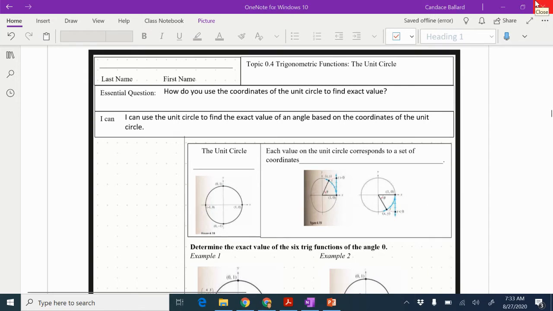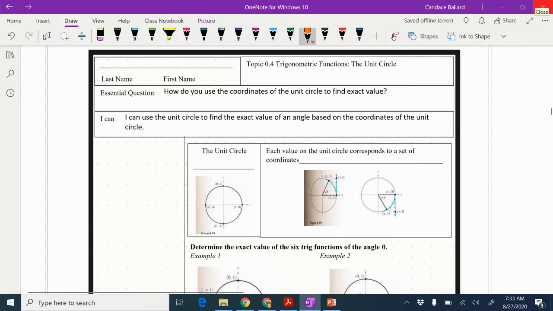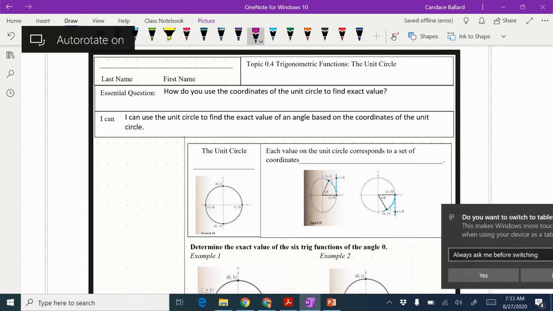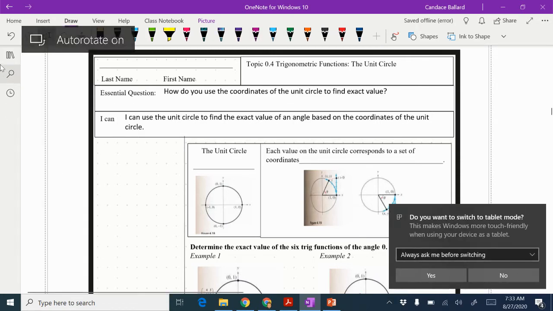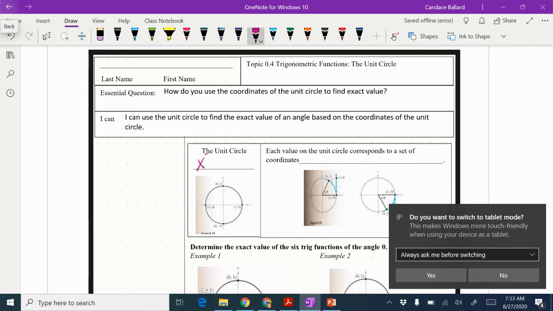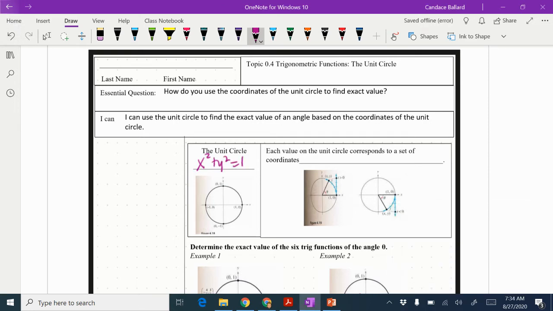So we are going to talk about a unit circle, and we kind of hinted at it yesterday that a unit circle is in fact a circle that has a radius length of 1 unit. So the equation of a unit circle is x squared plus y squared equals 1. If you were in pre-calculus, maybe you saw this, but we didn't talk about the conic section equation of a circle.